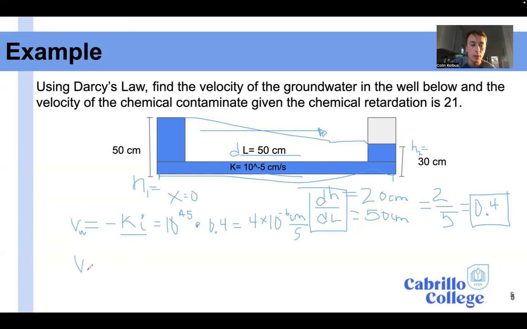Now, our velocity of our chemical, we need to include this chemical retardation, our R value. And so it's equal to the velocity of our water divided by R. And so it'll be 4 times 10 to the -6 divided by 21.